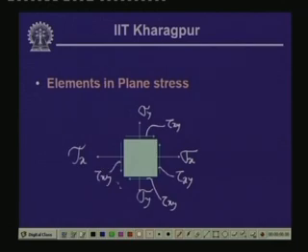Now, since all the shearing stress components are tau x y, we can call these simply tau. So, we have the normal stress components sigma x, sigma y and the shearing stress component tau.